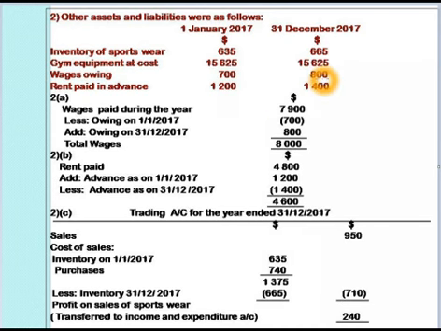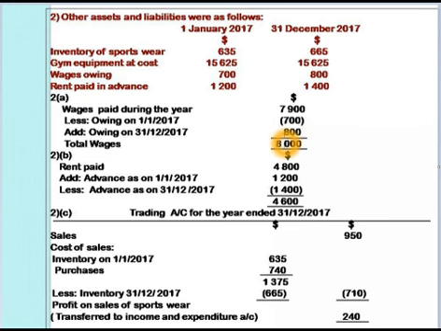And in the end, that is on 31st December 2017, the $800 was owing, which means the wages which was due for the period of 2017 has not yet been paid. And as we are doing the calculation for the period of 1st January 2017 to 31st December 2017, this will be included and we are going to add it up, and then we'll get the total wages.